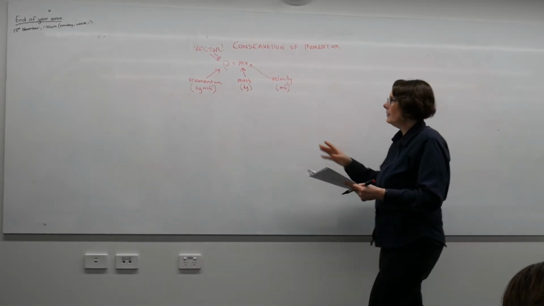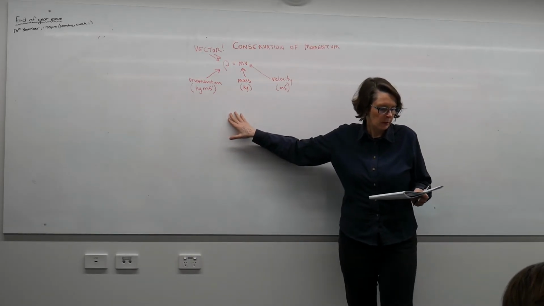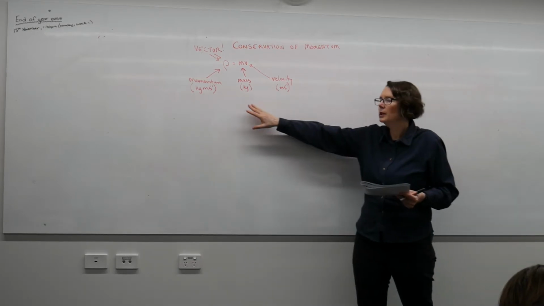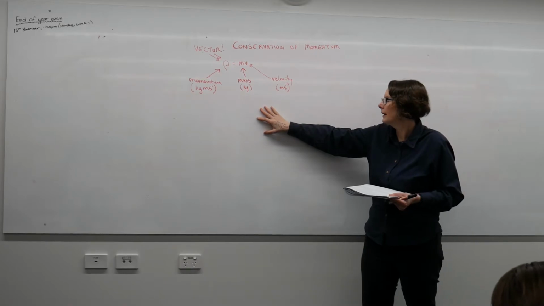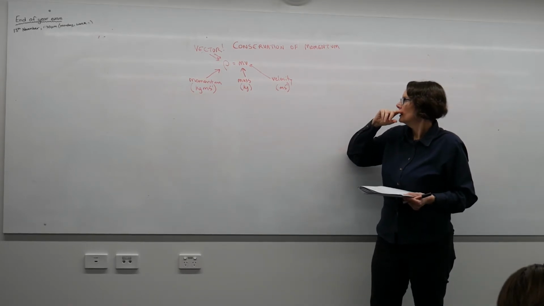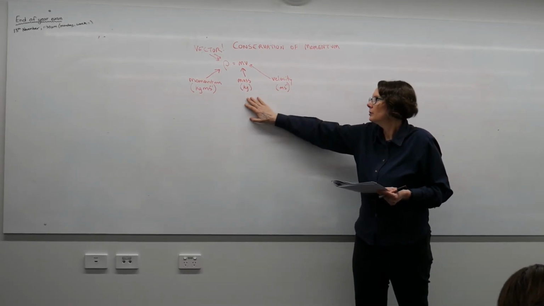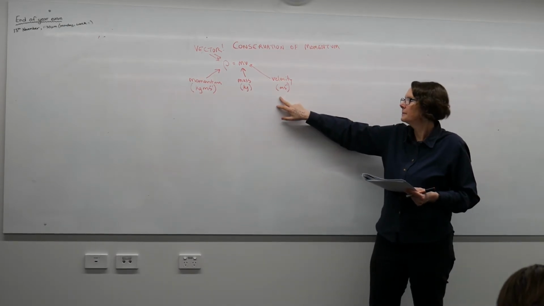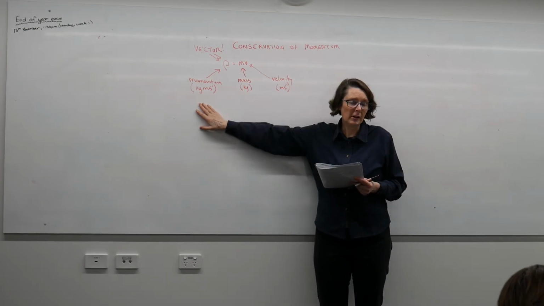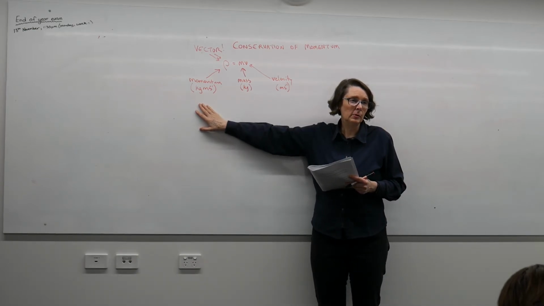Alright, so we have this formula. It's on your formula sheets. It's written as P, but it should be rho, the Greek letter rho. I'm not quite sure why it's incorrect. But I want you to note that it's made up of multiplying mass times velocity. And its units are just that, kilograms metres per second.